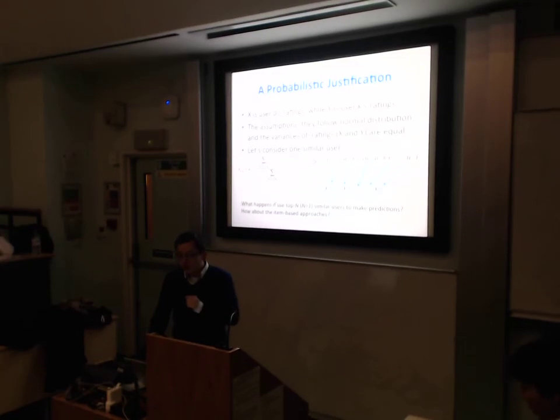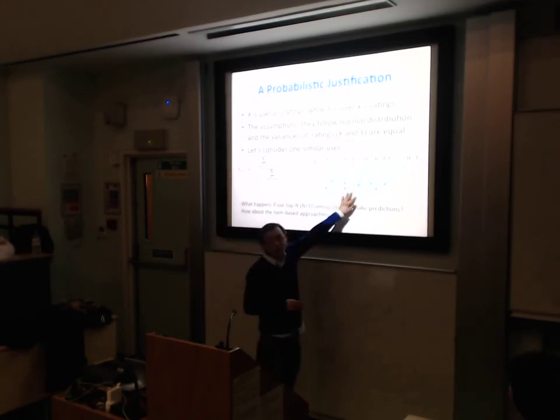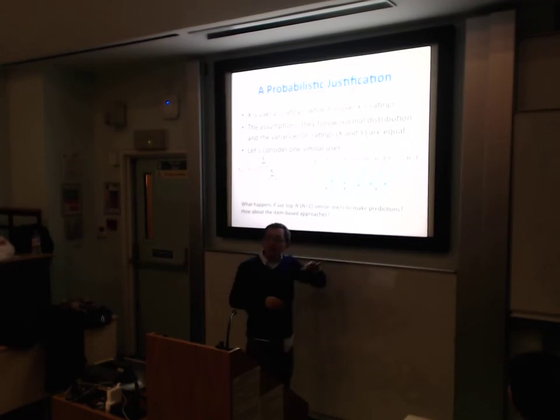Based on this, if this user's rating follows a normal Gaussian distribution, then we would be able to come up with a prediction that exactly follows the Gaussian distribution. Therefore, that is it.